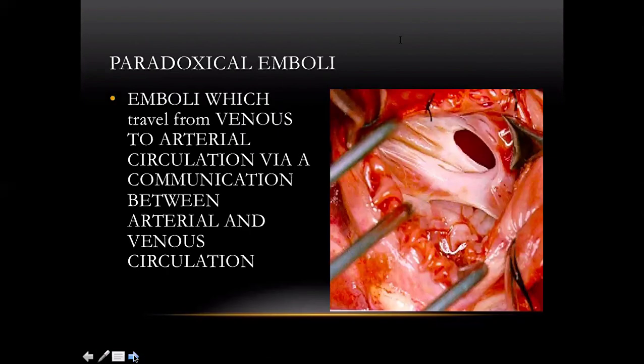Okay, then we have what we call paradoxical emboli. So when you say paradoxical emboli, this is emboli which travels from venous to arterial circulation, no, via a communication between arterial and venous circulation. It's called paradoxical.